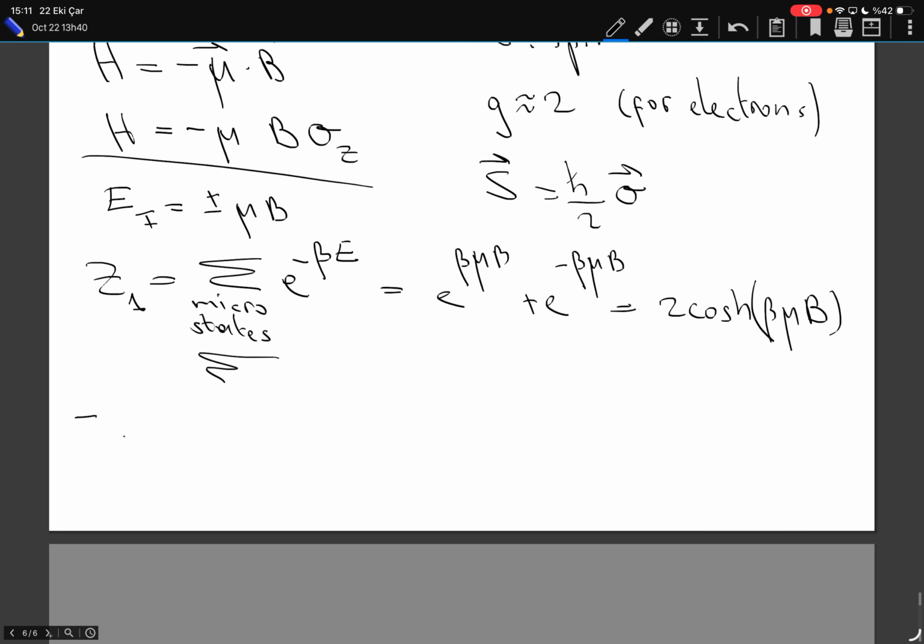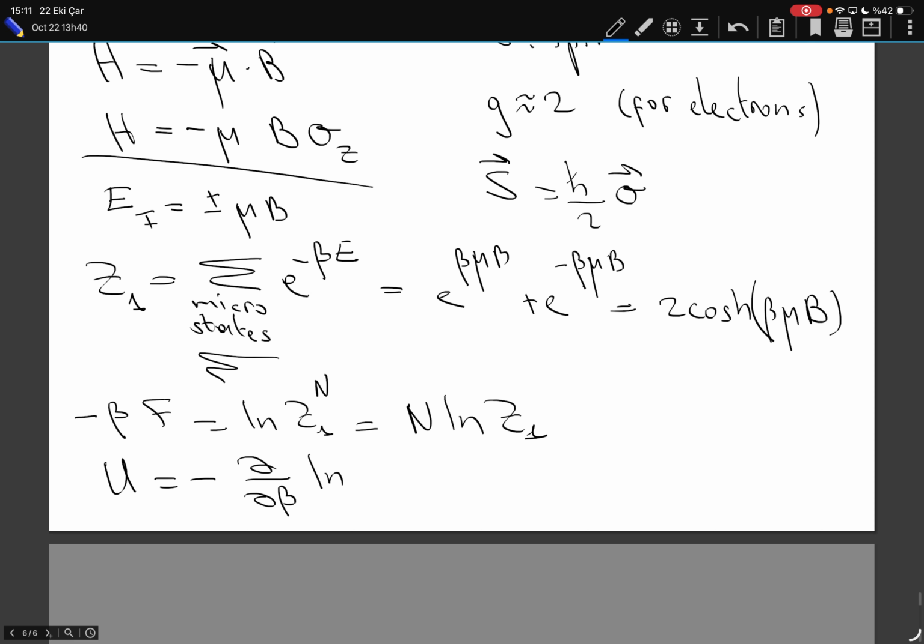Free energy, minus beta times the free energy, will be just logarithm of Z1 to the n, or n times logarithm of Z1. Let's look at the energy. The average energy will be minus the derivative with respect to beta of logarithm of Z1 to the n. The n particle partition function is Z1 to the n.